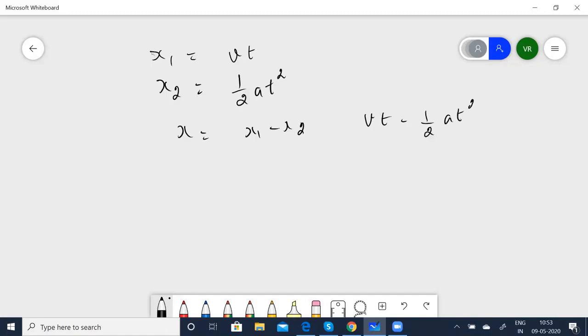For x to be maximum, dx/dt should be equal to 0, right? When you differentiate this, you get v - at = 0. This implies t = v/a.